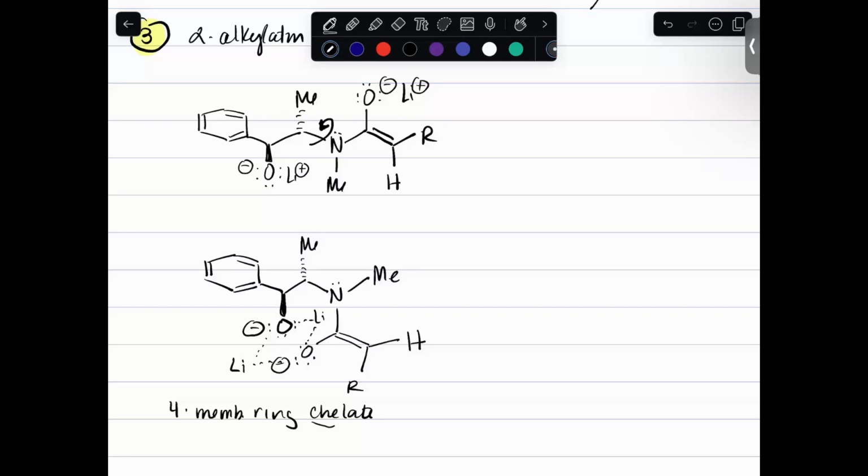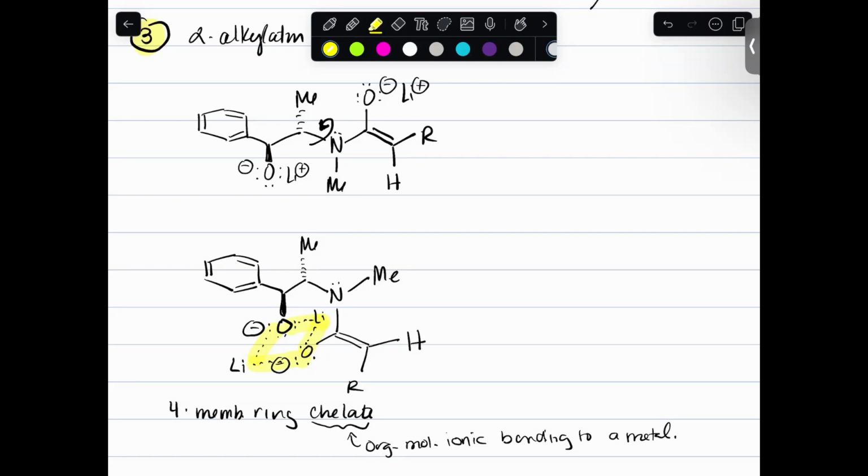And chelate is just a fancy word for an organic molecule ionically bonding to a metal. So you can see that four-membered ring. And it's the oxygen binding to the two lithiums. One lithium is from your LDA, and the other lithium is from your excess lithium chloride.